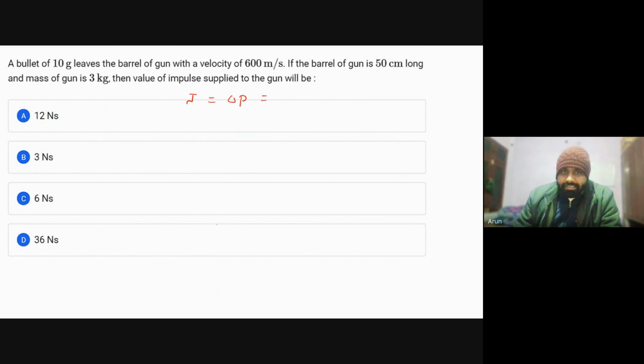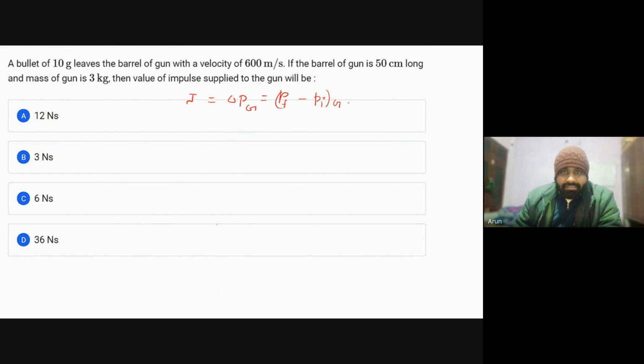This is equals to the change in momentum. So we are interested in the gun. So we need to calculate the change in momentum of the gun, which is nothing but final momentum minus initial momentum of the gun. Initially the gun is at rest, so you don't need to worry about the initial momentum. Although when the bullet leaves the gun, it acquires a recoil velocity in the opposite direction.